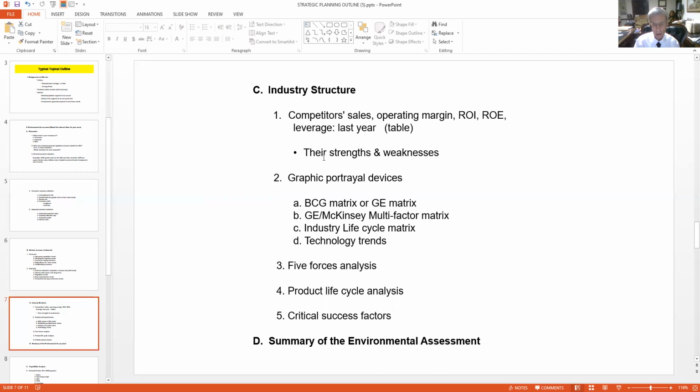And how have their financial trends been? You can make a table to show the most recent sales, operating margin, and so forth. A table would be just fine. Some folks prepare graphs to show the trends in competitors' behavior. I'll be helping you with this information and some other information that we'll see in just a few minutes.